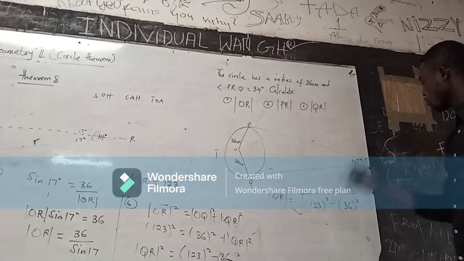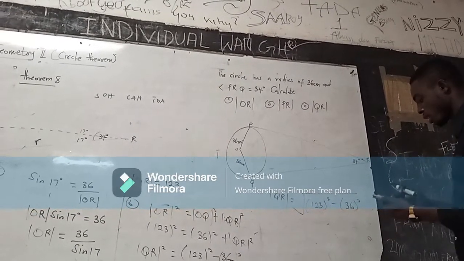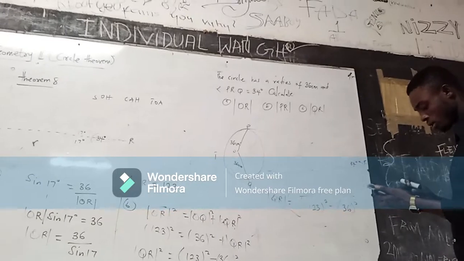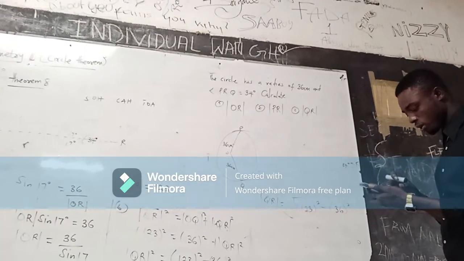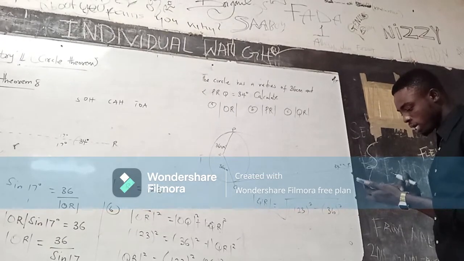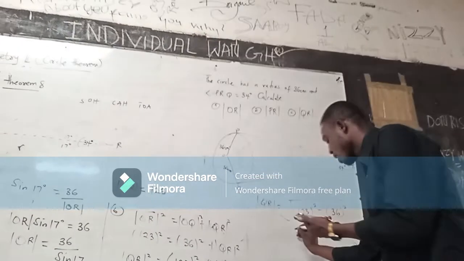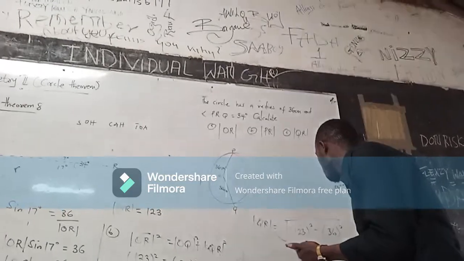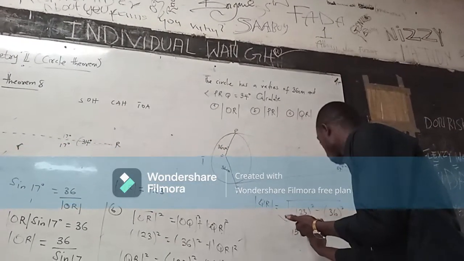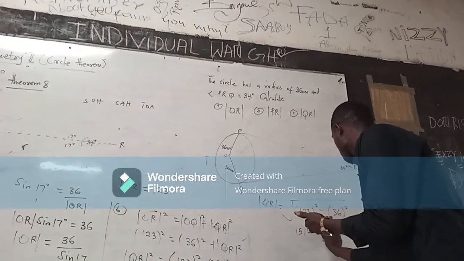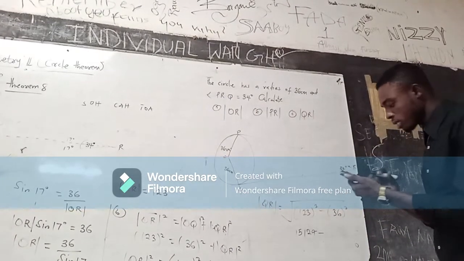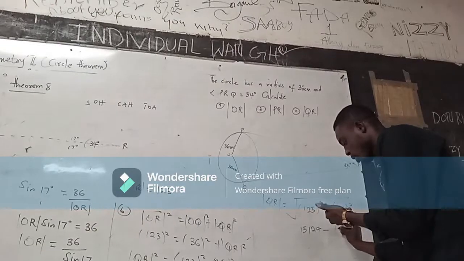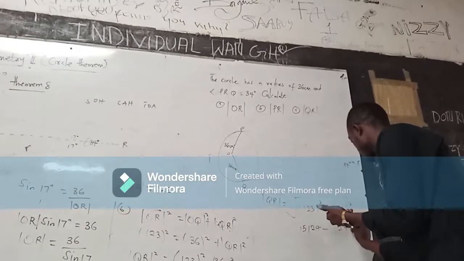Okay. So if we have this, when you find the square of 123, you are going to get 15,129. Minus 36 squared, which is going to be 1,296.